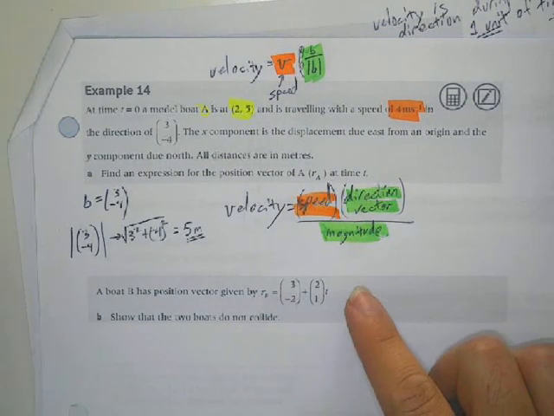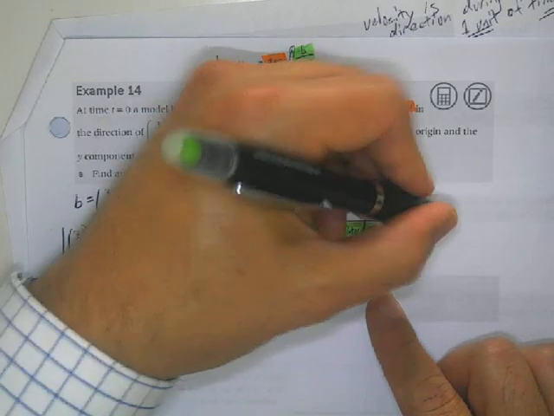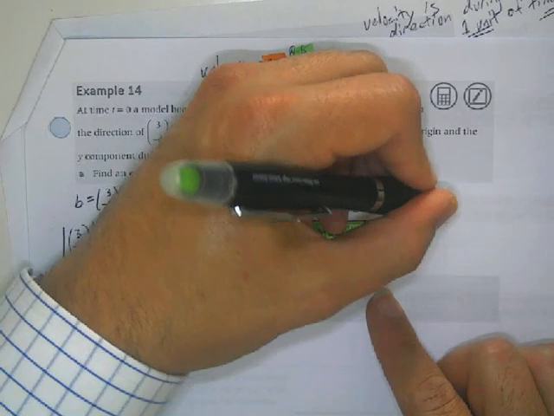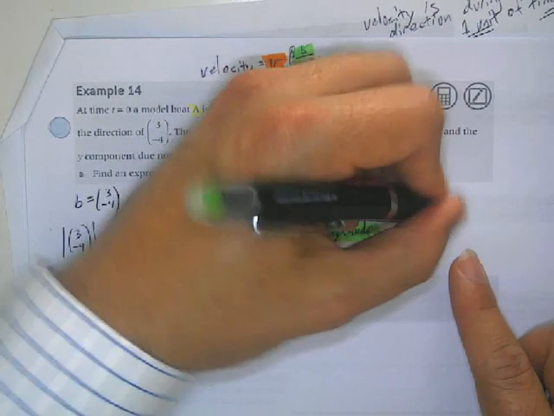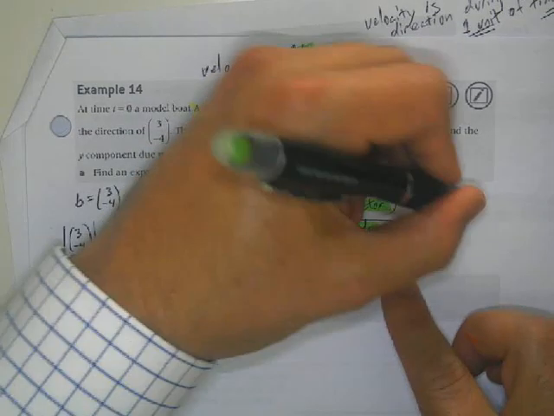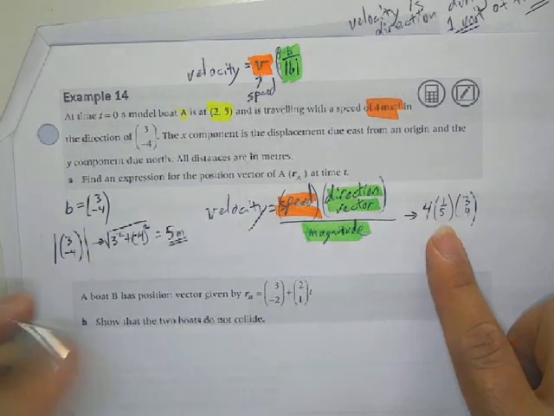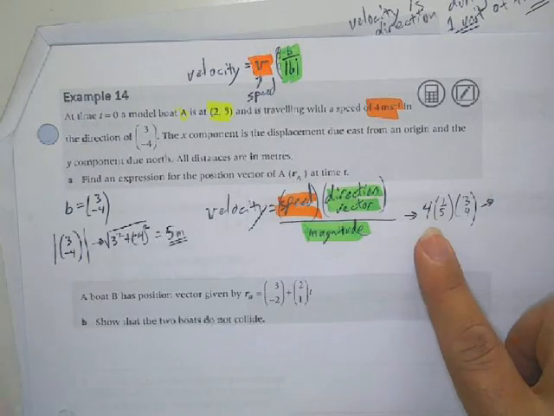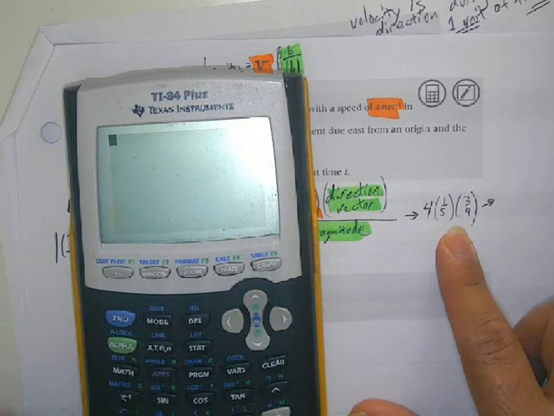So what we have here is 4 times 1/5, and then times my direction vector, which is 3, -4. And that simplifies to 4 divided by 5 times 3, which gives me 2.4.